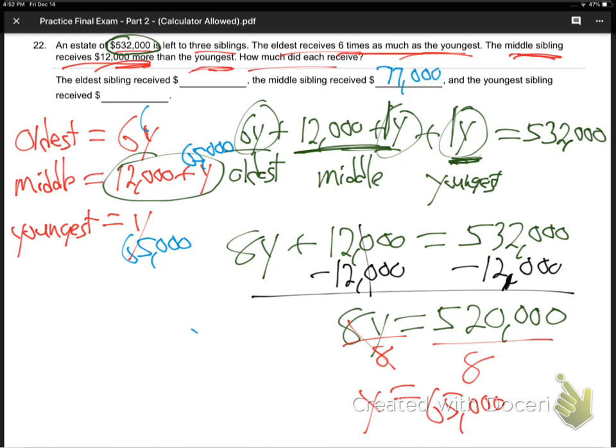And the oldest, it's 6 times 65,000, which comes out to 390,000. The youngest gets the straight 65,000. There we go.